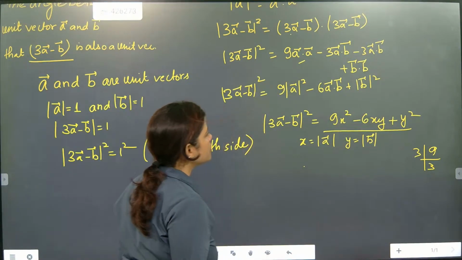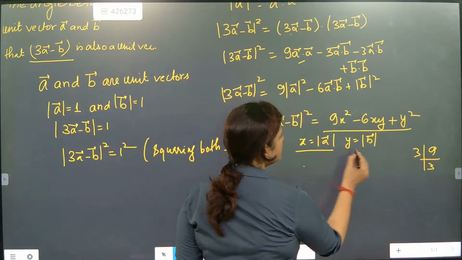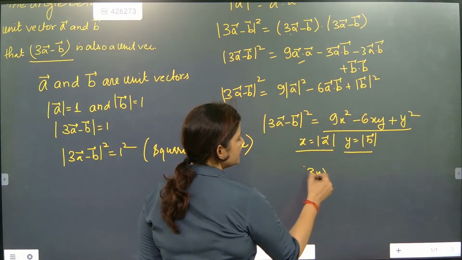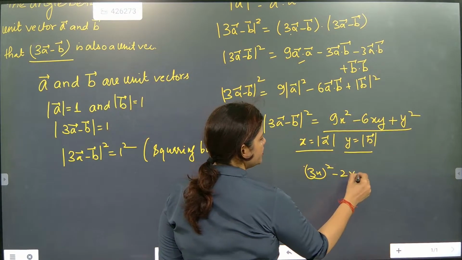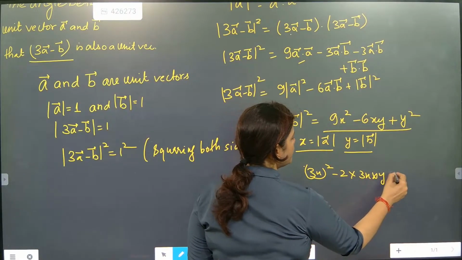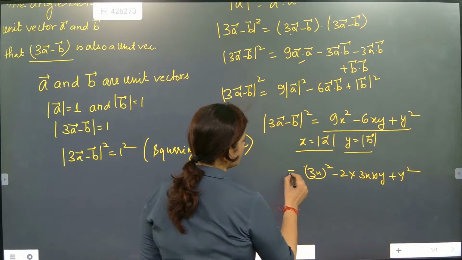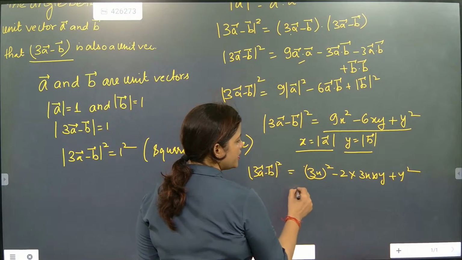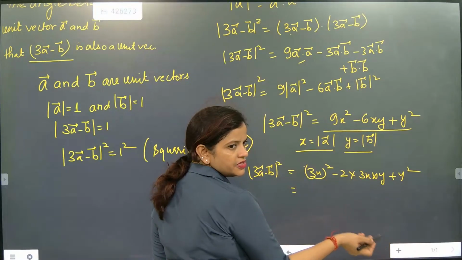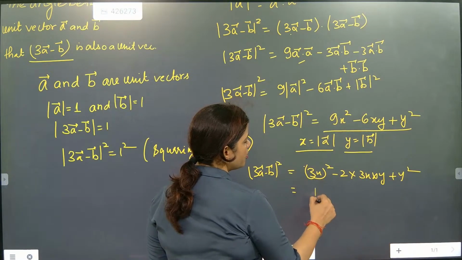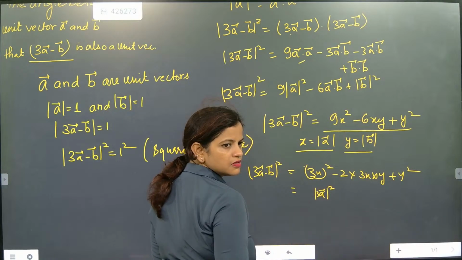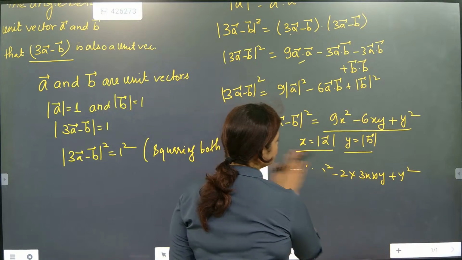Because here x is root a, root b also you are taking, it is coming as a perfect square. 3x whole square minus 2 into 3x into y plus y square. Coming correct only. It is coming the same now. Our answer is correct.